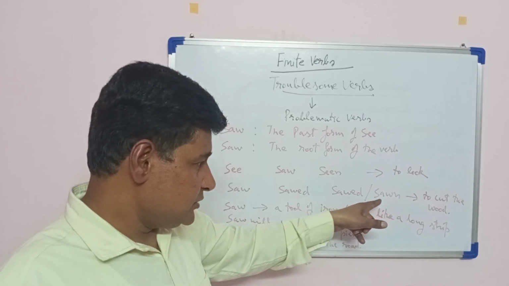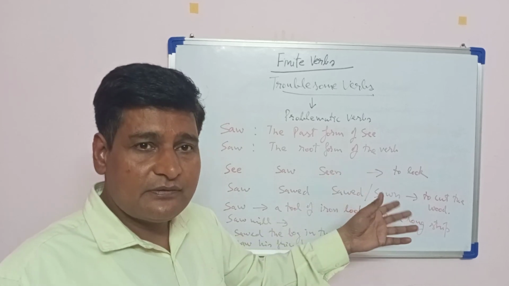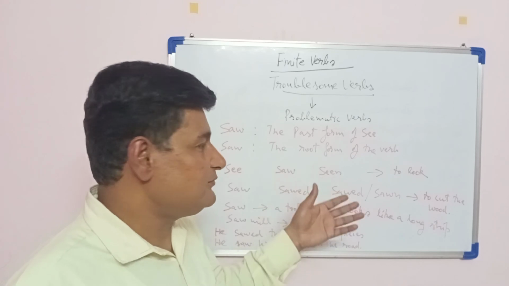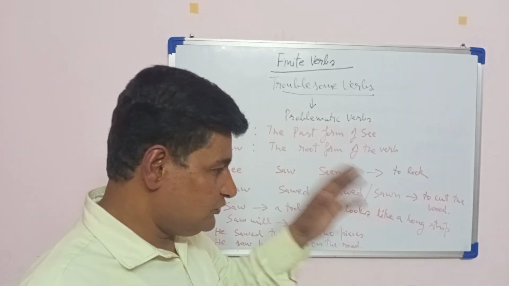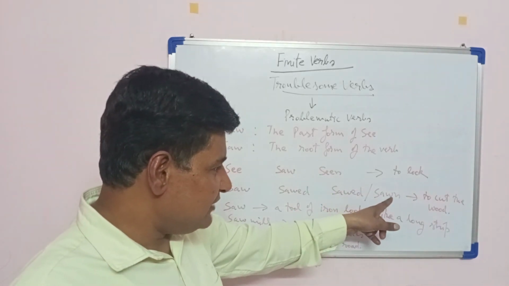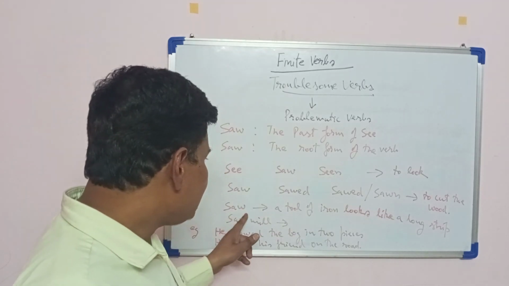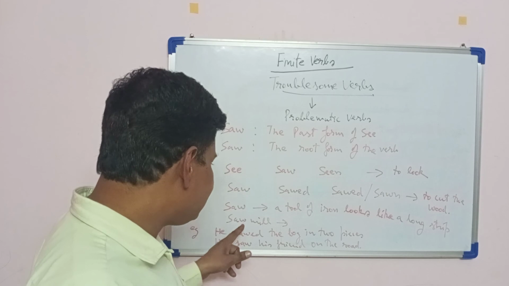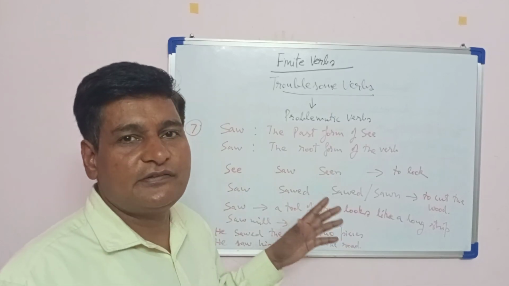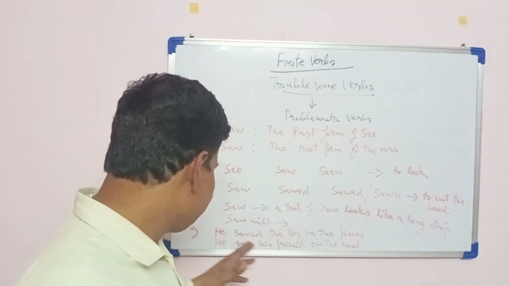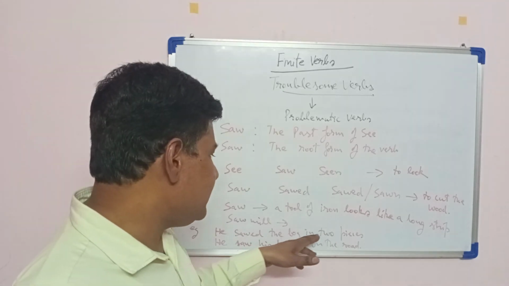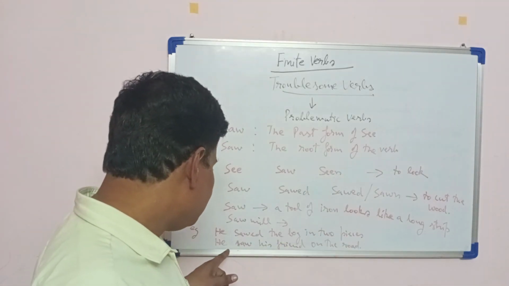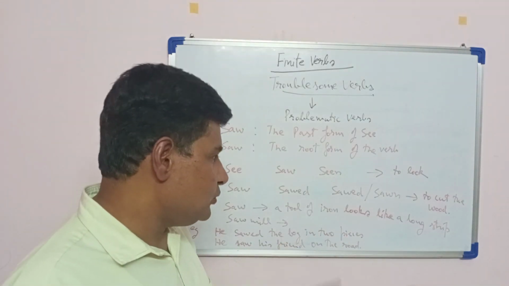It is used for adjective purpose, where you have to use it in the sense of adjective, then we use this. Saw is a tool of iron. It looks like a long strip. And sawmill is a workshop where logs are cut with the help of power. He sawed the log in 2 pieces. He saw his friend on the road.